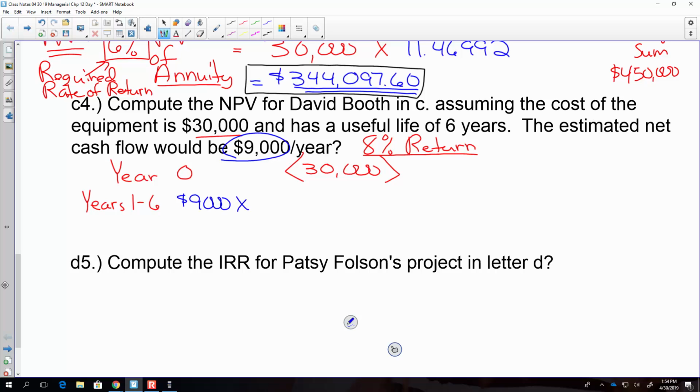So I'm going to discount that with my discount factor, which again, what is the 9,000? Is it one amount or a series of amounts of 9? So that would be an annuity. So again, we've got to go back to page 671 and find the discount factor. Carla, do you know what that is?